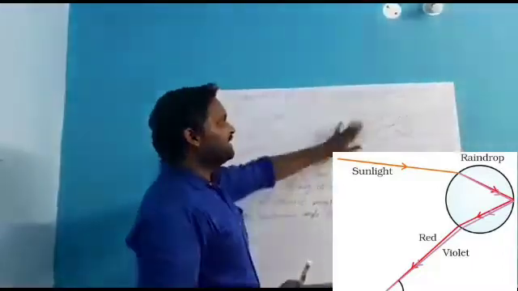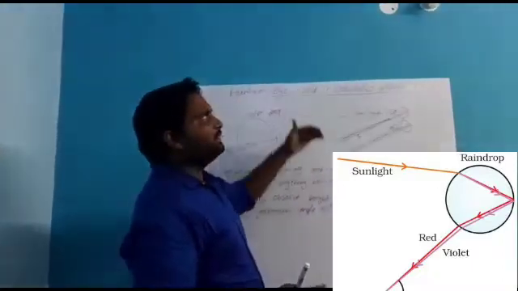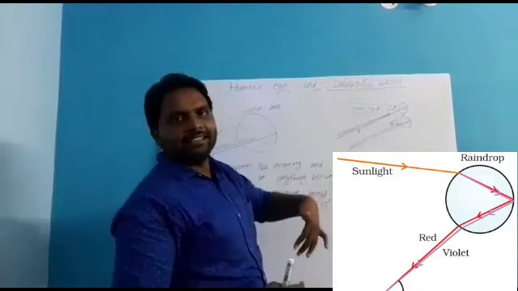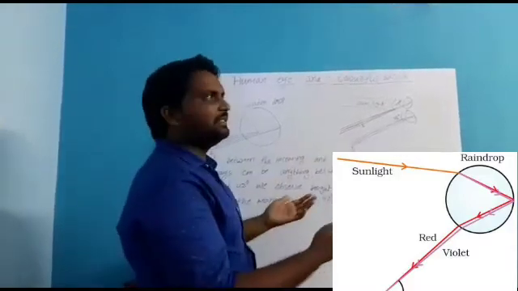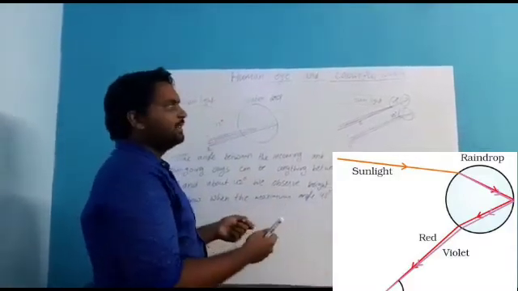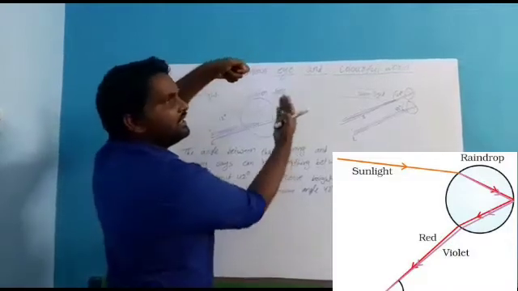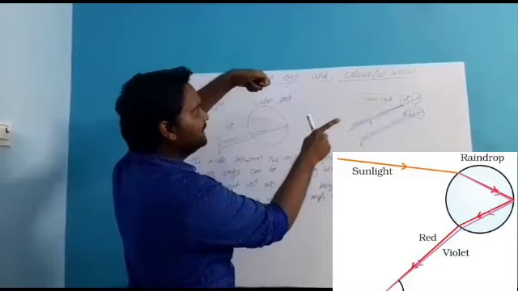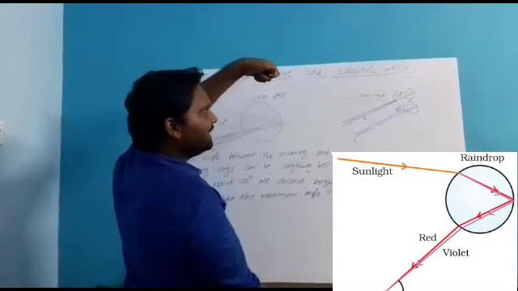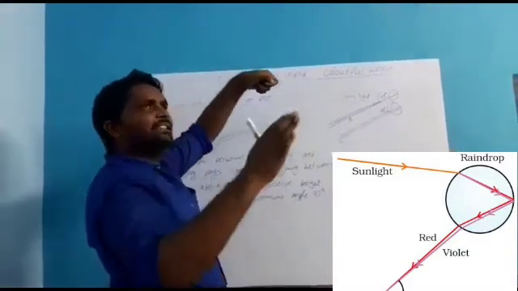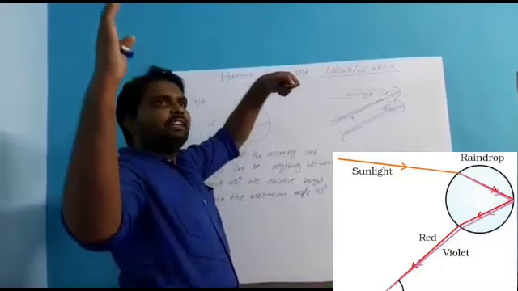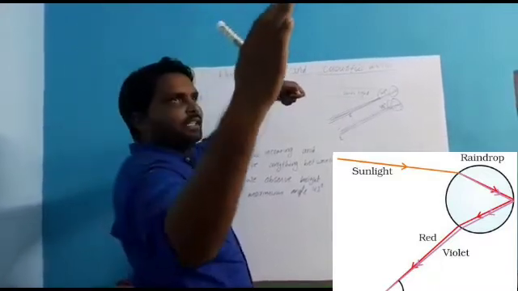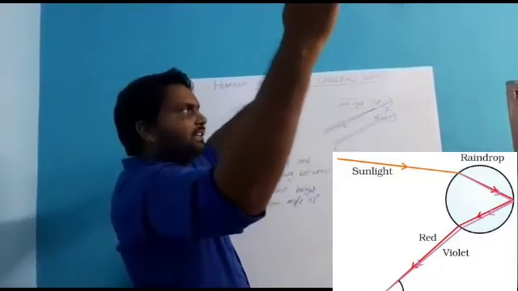Consider this is a white wall. When it is not raining, you just take one water tube and let the water fall in front of that white wall. The sun should be in front of the wall.